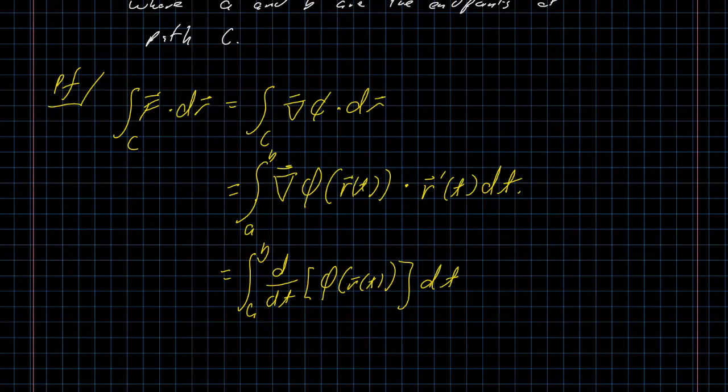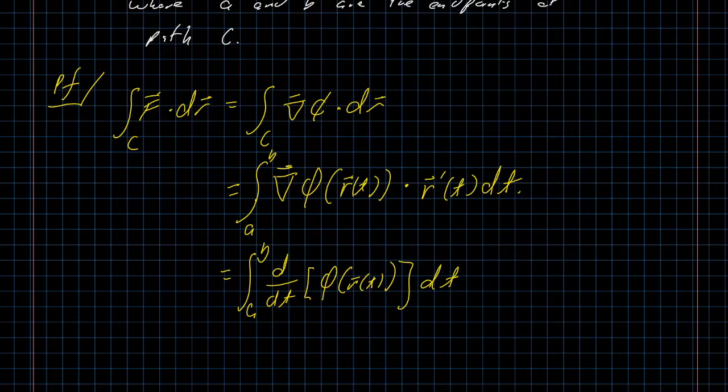If I want to take the derivative with respect to t of phi of r of t, then I need to take the derivative of phi evaluated at r of t, and then, by the chain rule, multiply by the derivative of r.